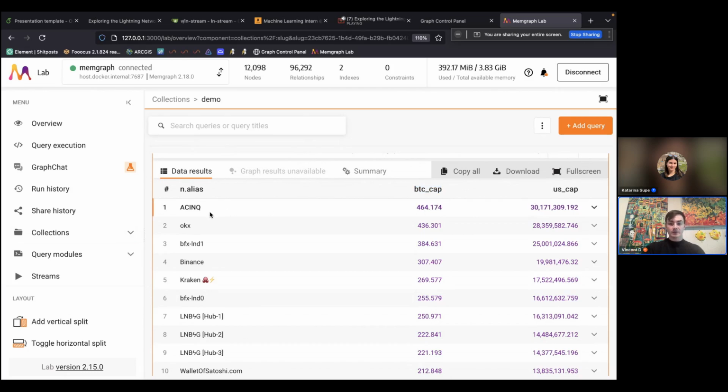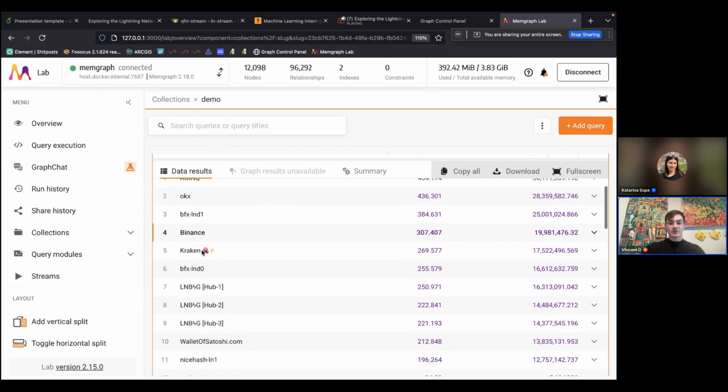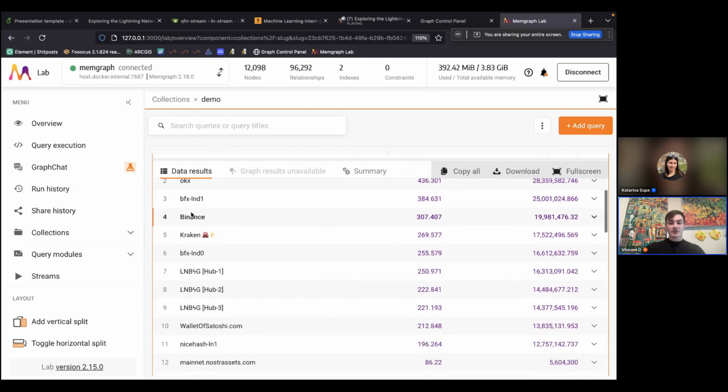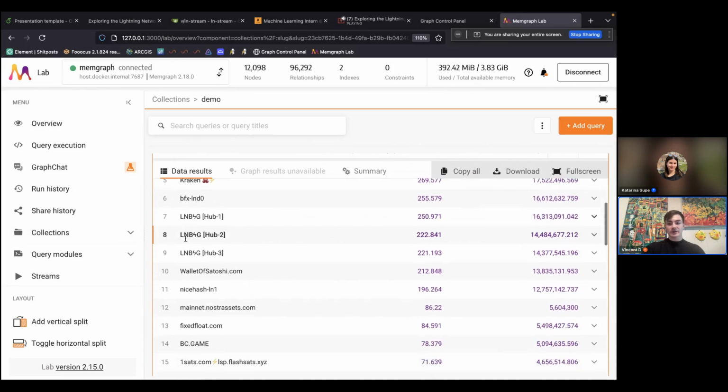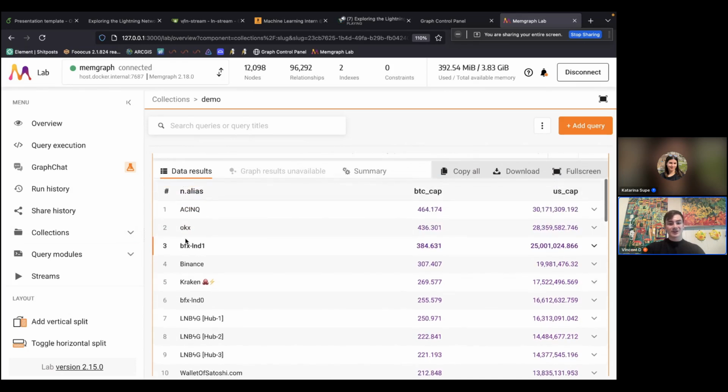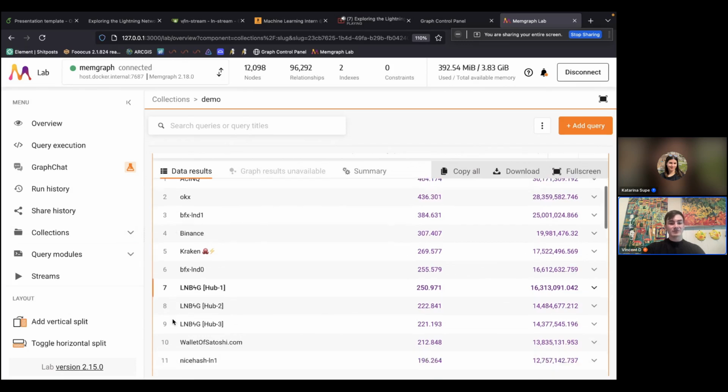So async, the largest node in the network, has 464 Bitcoin in capacity, and that's about $30 million. OKX, which is an exchange, similar story, 436, and then 28 million. Another exchange, Bitfinex, 25 million, Binance, 20 million, Kraken, 17. So a large amount of money locked into these channels with these exchanges.